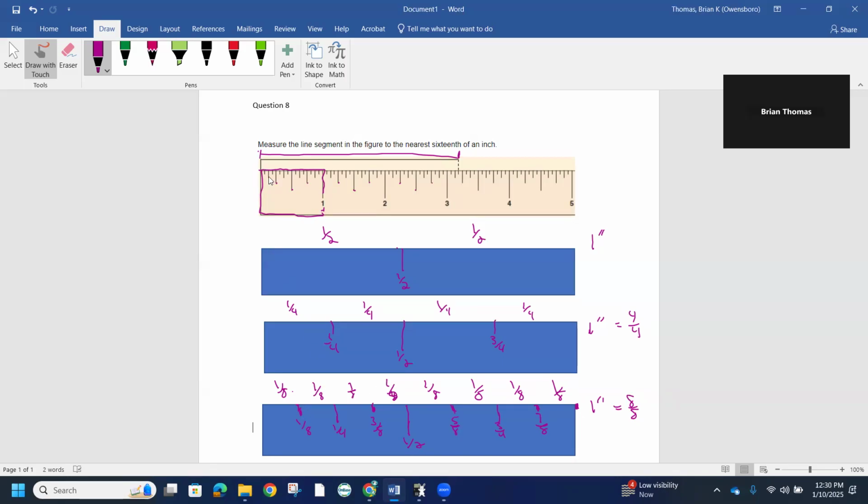So this would be an eighth, this would be a quarter, this would be 3/8, this would be a half, there's 5/8, then the 3/4, then there's the 7/8, and then you're to an inch. Again, these marks here are the eighth marks: 1/8, 3/8, 5/8, 7/8. Notice how they go by odds.